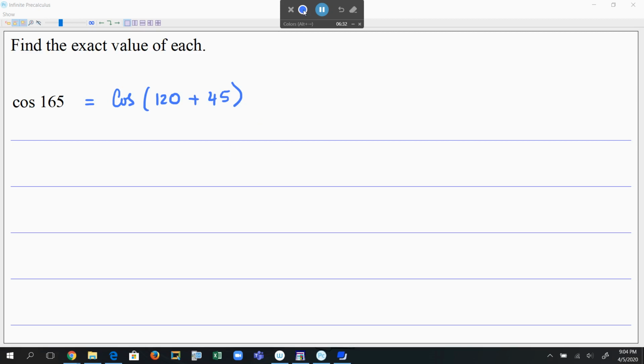Let me remind you, the sum formula for cosine of A plus B is cosine A cosine B minus sine A sine B. Now I'm going to apply the sum formula for cosine.